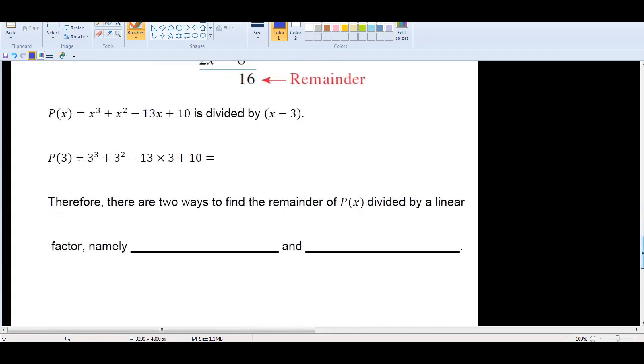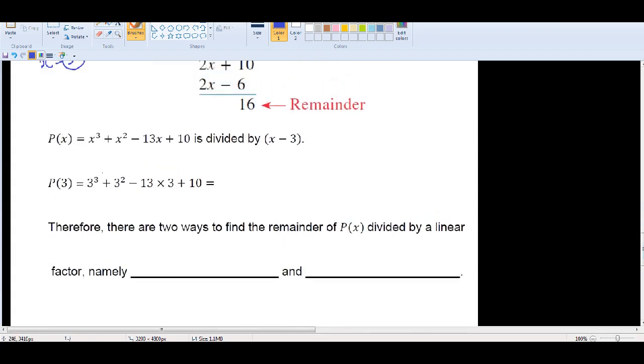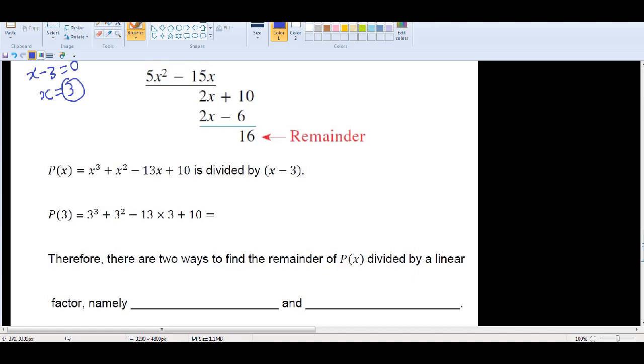Let's consider x cubed plus x squared minus 13x plus 10 divided by x minus 3, and we are going to find p(3) because 3 can make that divisor 0.